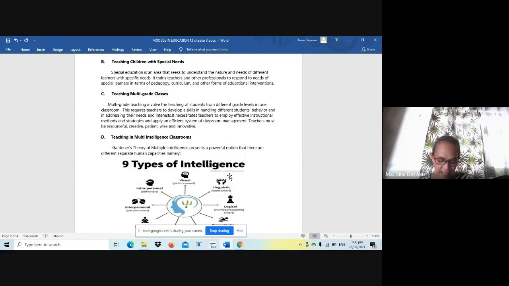In this case, classes could be smaller and financially cheaper to operate than a complete school. So the teacher assigned to one multi-grade class is required to develop separate worksheets and design different activities for each grade level. So if you are a teacher assigned to this class, you will have to make separate worksheets and design different activities for each grade level.